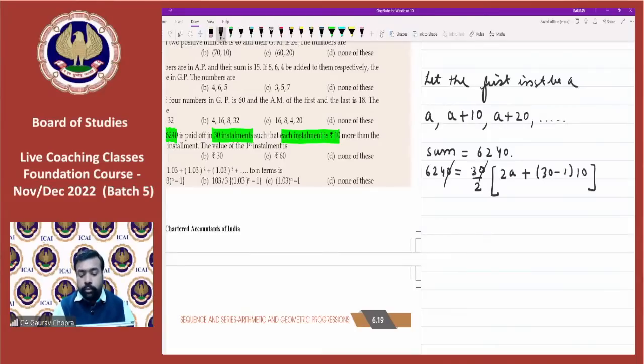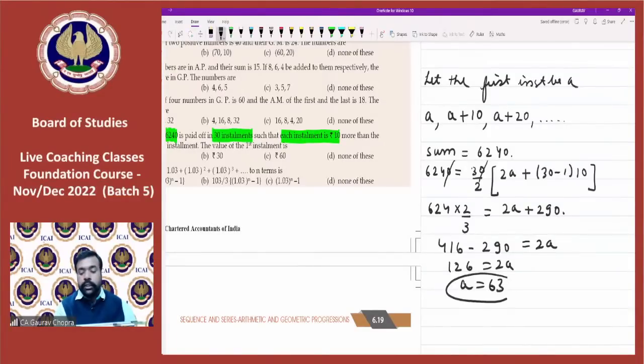Then we can do some more cancellations. 624 multiplied by 2 upon 3 is equal to 2a plus 290. So let us check how much it is coming. 624 multiplied by 2 divided by 3 becomes 416. 416 minus 290 is equal to 2a. So A is simply 63.